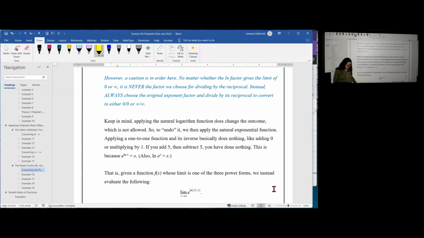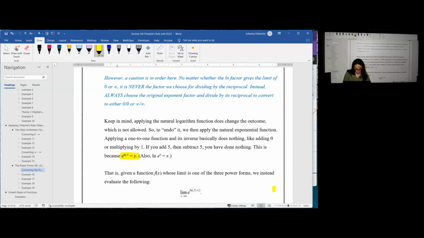Now this works because of one of the properties of exponentials. Namely, e to the natural log of x is equal to x. In fact, the natural log of e to the x is x too, but that's not the property we need. We need the one that says if you take the natural log of something and you exponentiate it, you haven't changed it at all.